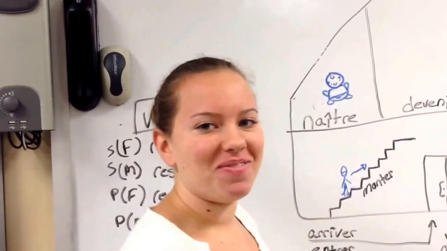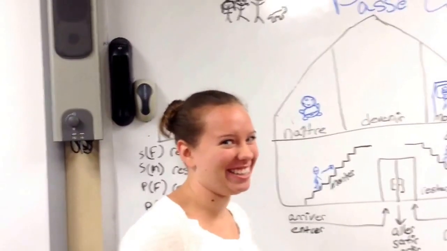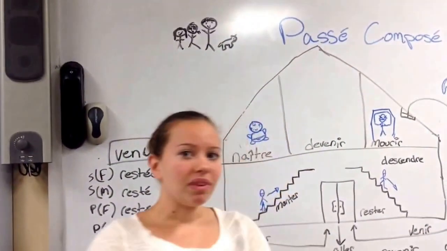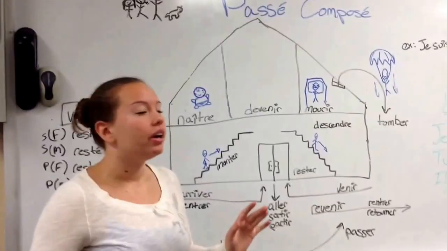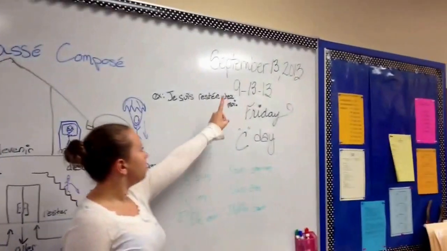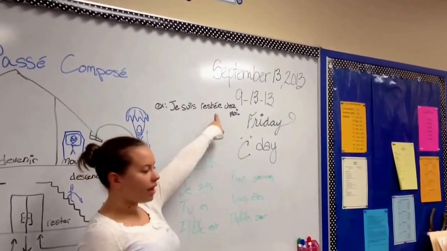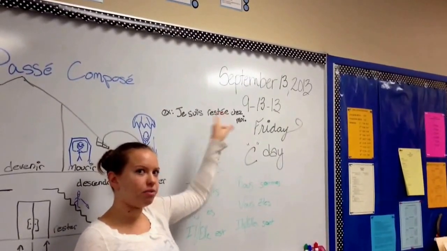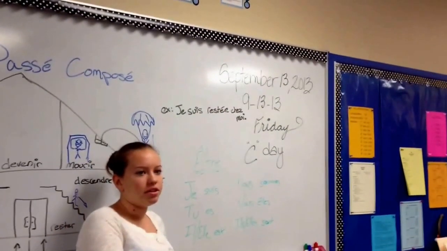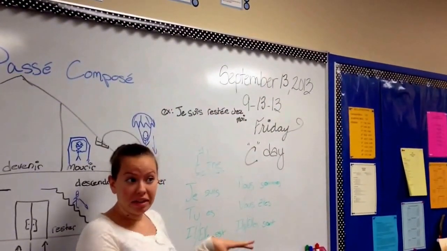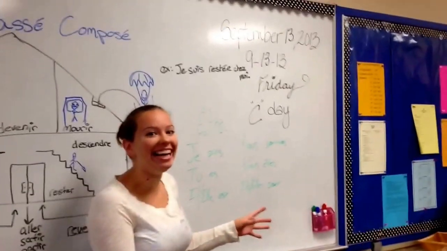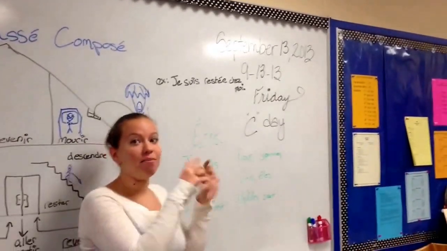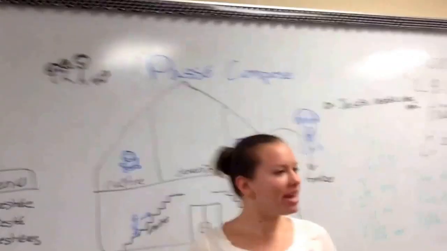Être verbs. Gage, back up a little bit, please. Thank you. Okay, so to use être as your helping verb, you have to have an accent aigu on the E after the stem. So it's kind of like avoir, but you add something else to it? Yeah.